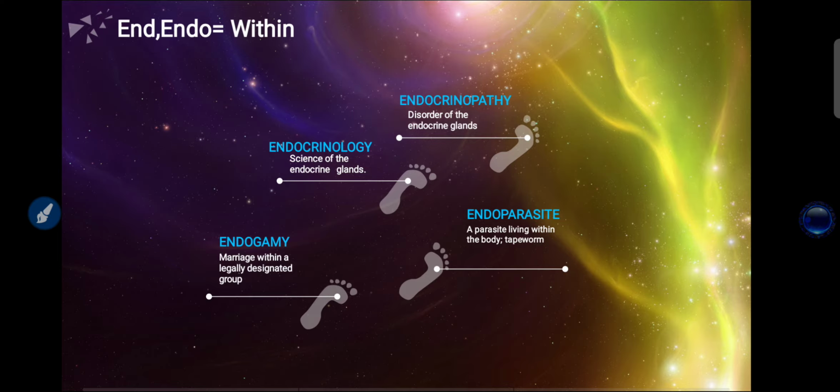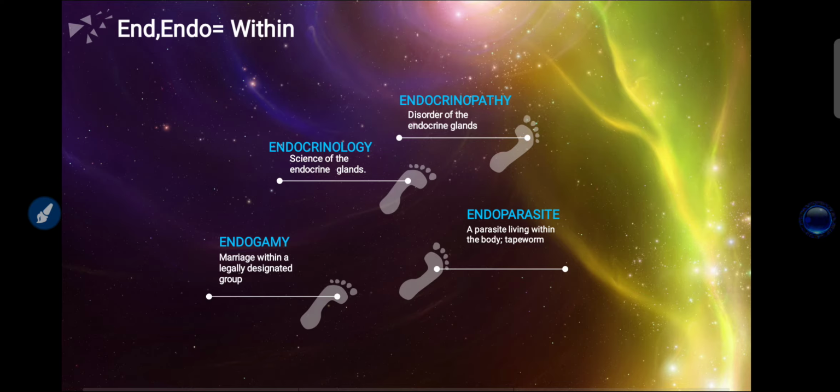Next, endogamy. Gamy is something related to marriage. I have taught you earlier in offline classes or online sessions some words, like polygamy. Poly means many, gamy means marriage. One who does more than one marriage is known as polygamy, a practice of more than one marriage.